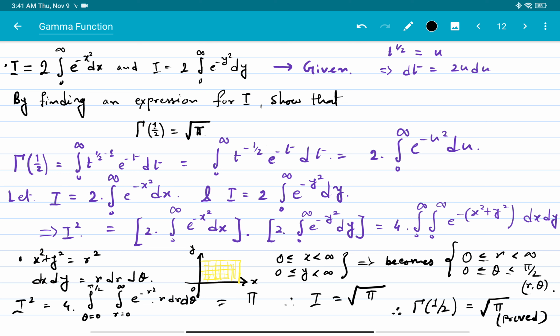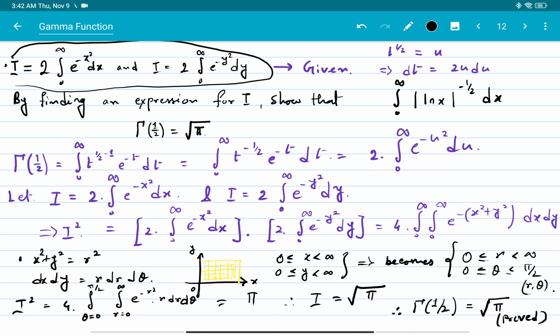Again, there is another way to do so. Suppose it is given that the integral from 0 to infinity of the modulus of natural log of x, raised to the power minus half, dx, is given, and you have to prove this.